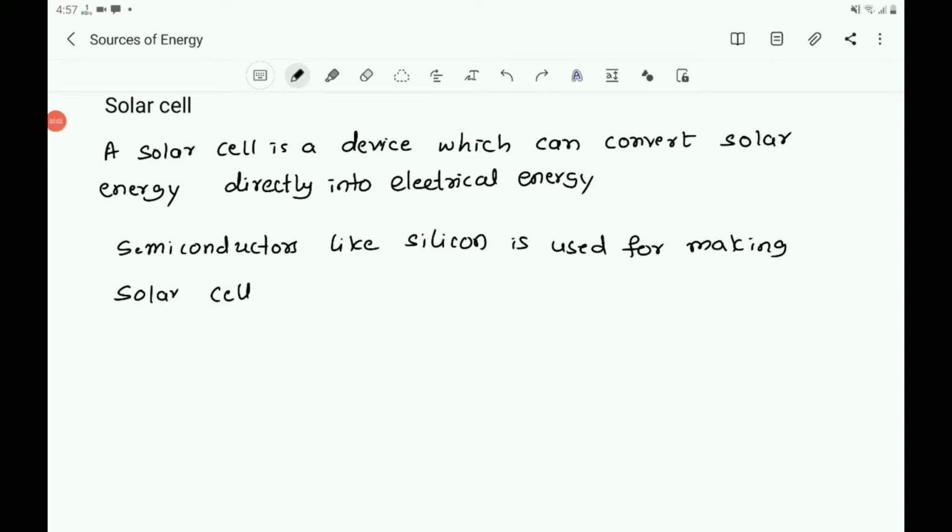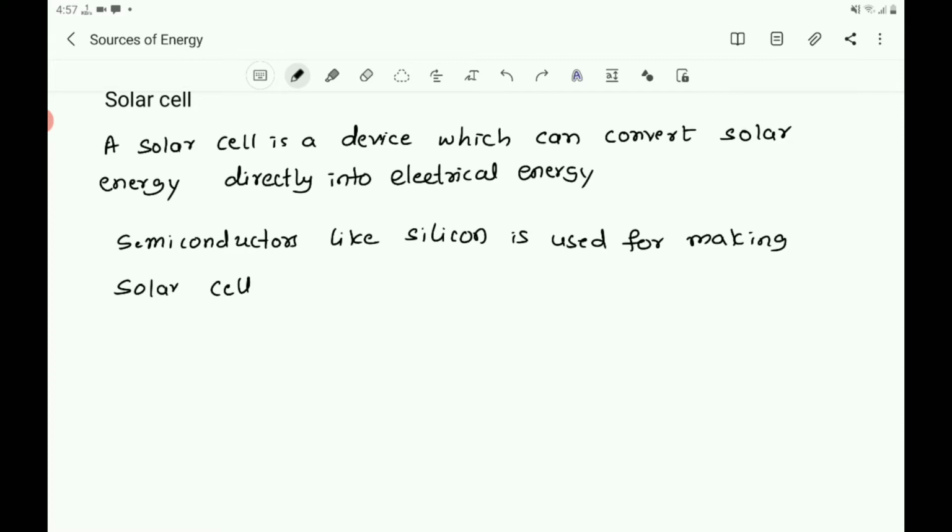Current produced by a single solar cell is very small. A typical solar cell consists of a 2 cm square piece of pure silicon. It can provide about 0.7 watt of electricity when exposed to sunlight. So, a panel of solar cells is used to provide much higher power.